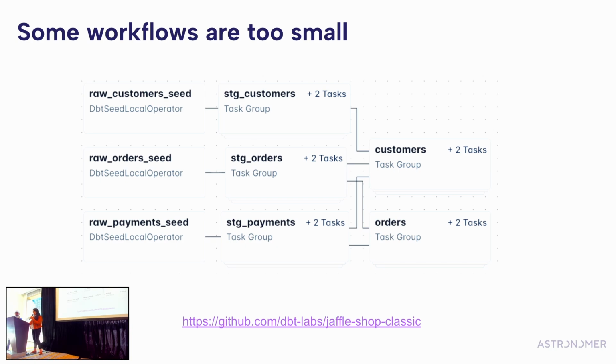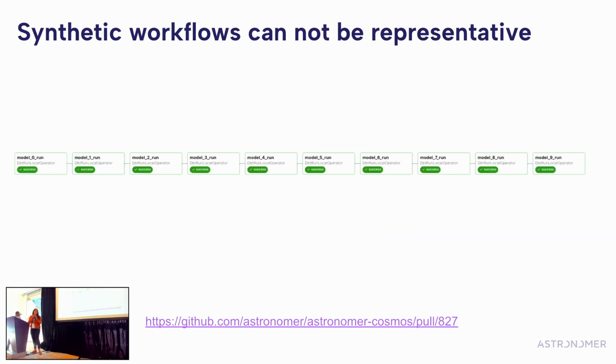So quite limiting. We thought, okay, we could create some artificial workflow. This will clearly be more similar to what our customers have. So one of the developers on the team at the time built this script where you could say, create a DAG for me with, I don't know, 100 nodes, 1,000 nodes, and it would do something like this.